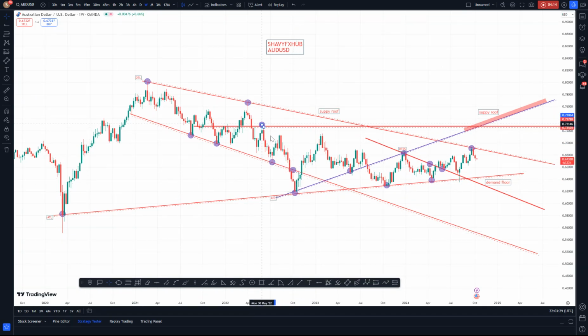So we have a breakout here. This is a resistance, a support structure, break of a support structure, retest, RT. Break of a resistance structure, RT.